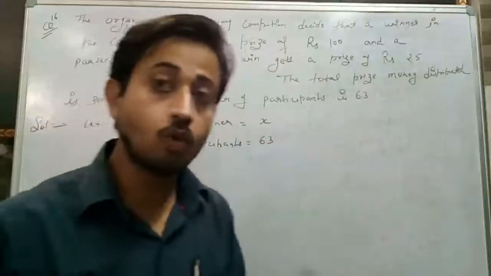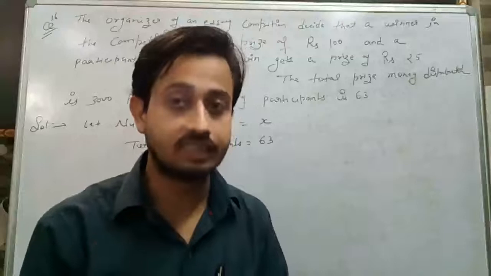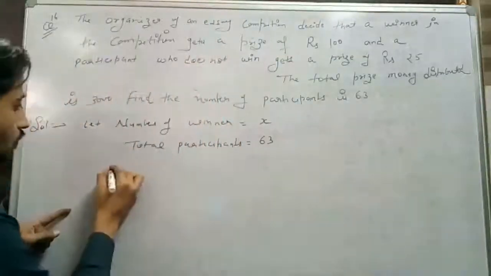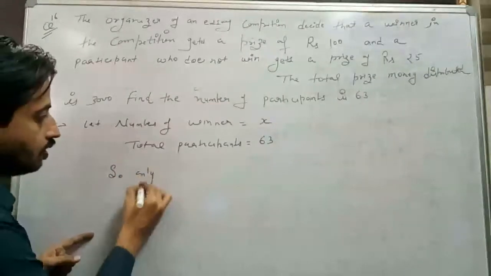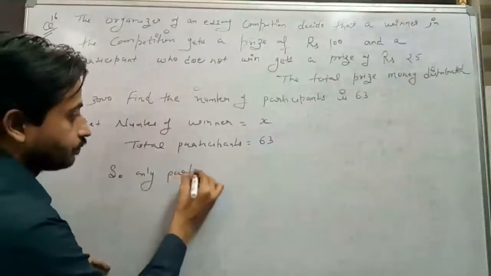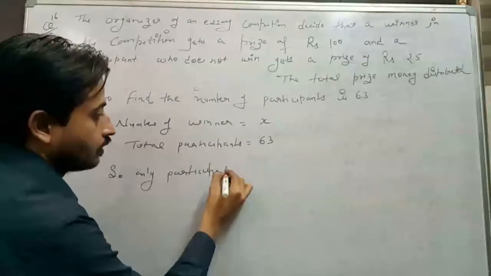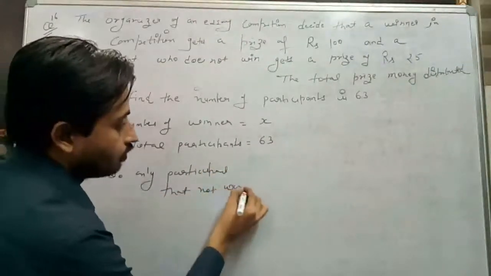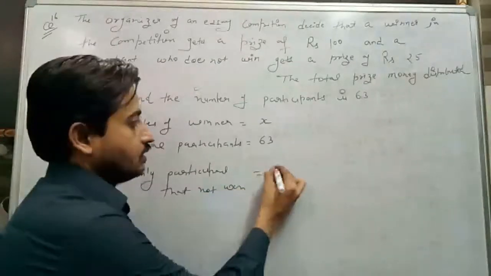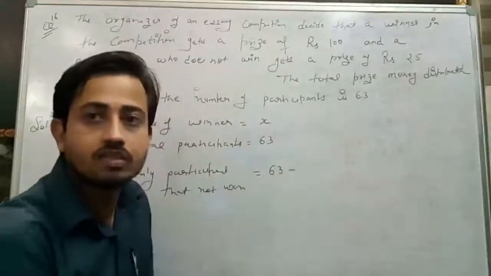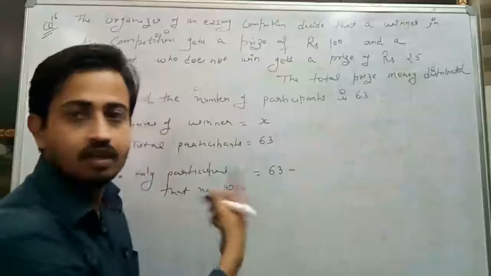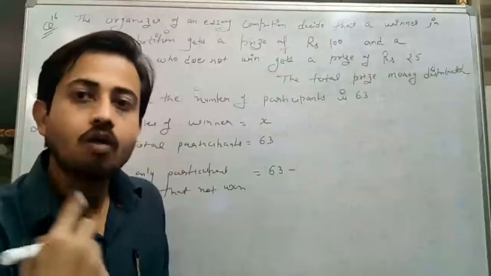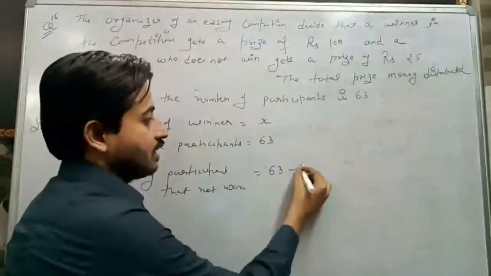Then those who don't win, how many are there? 63 minus x. So the participants that did not win: if we subtract the number of winners from the total participants, we get the number of participants who did not win, 63 minus x.